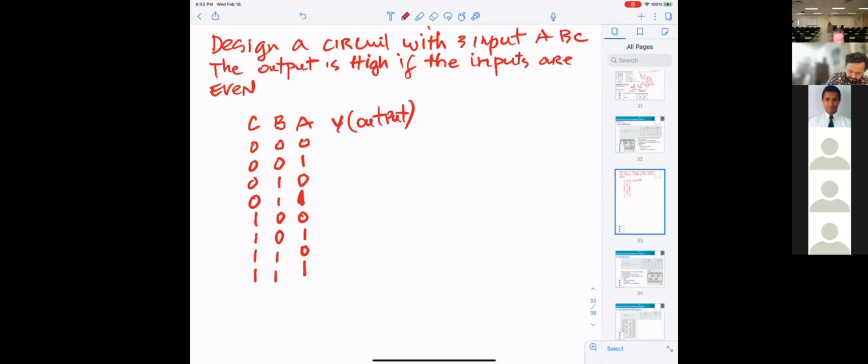That is the first step. Second thing, you have to tell what output you want. It will be 1 or 0. In this case, I say output is 1 if the input is even.